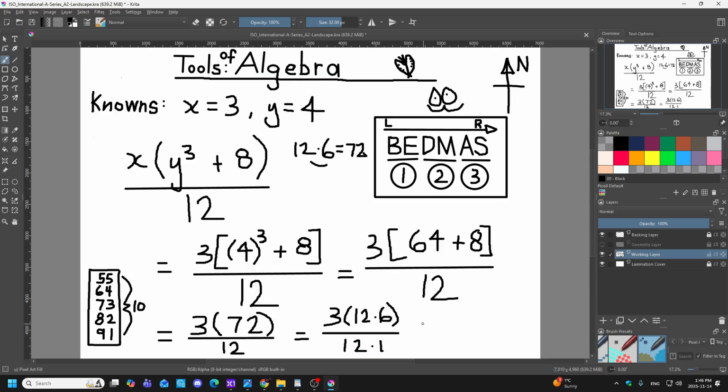So now we all know that 12 divided by 12 equals 1, correct? Any value multiplied by 1 is going to be the same value. I'm going to cancel the 12. Therefore, we're left with 3 times 6 all over 1. And 6 times 3 is 18.